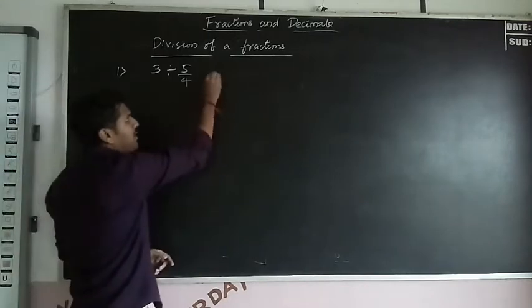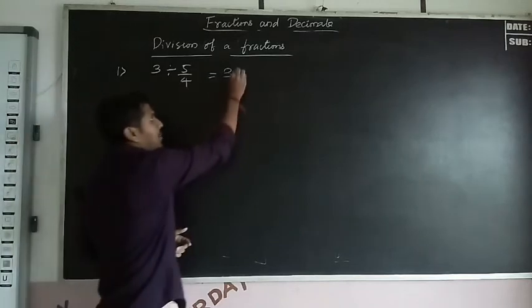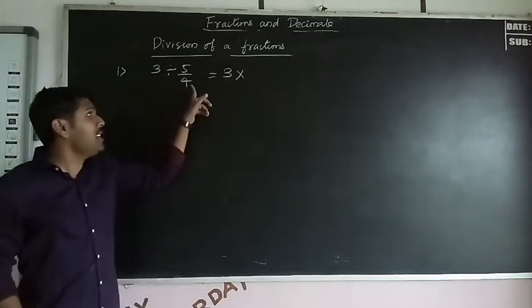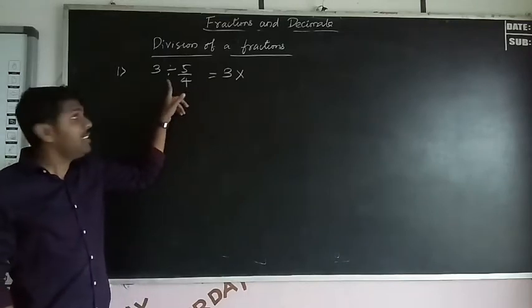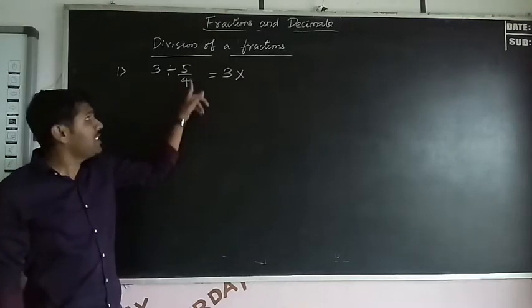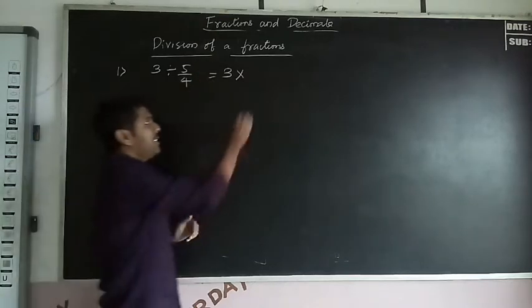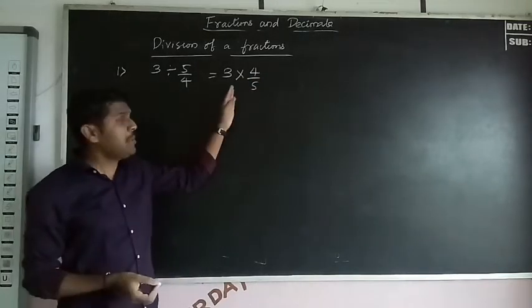So how to solve this one? In place of division sign, take the multiplication sign, and you should write down the reciprocal of 5 by 4. That is 4 by 5 now. So now it's a multiplication.